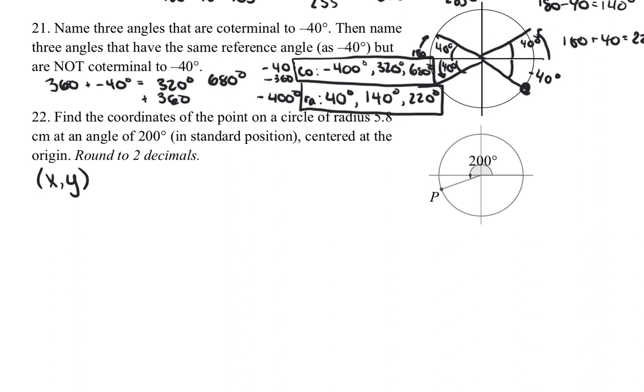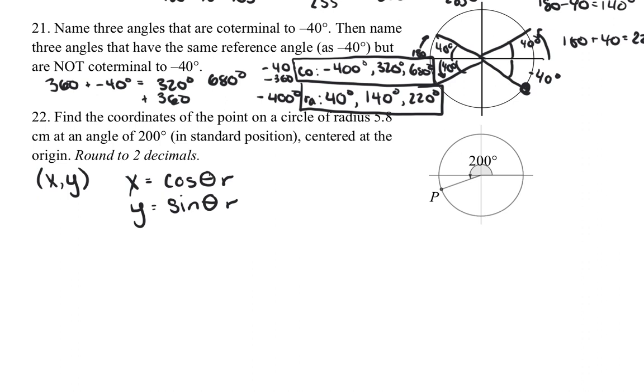And so I know that we can find the x coordinate because the x coordinate is equal to cosine. But this circle doesn't have a radius of 1, so we're going to multiply that by r. And the same for the y. The y value is going to be equal to sine, but the radius is not 1, so we're going to multiply that by r.